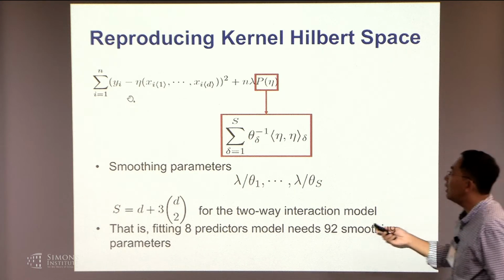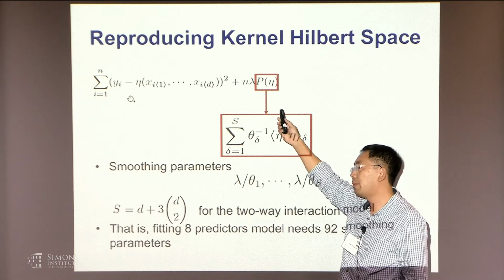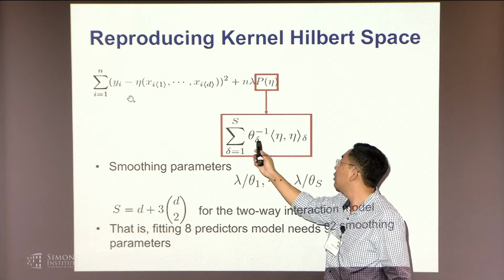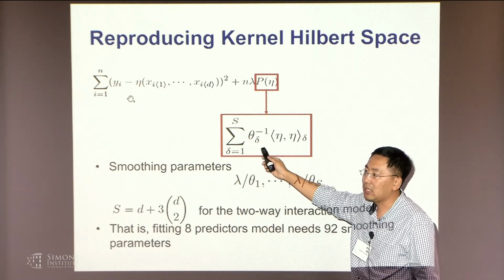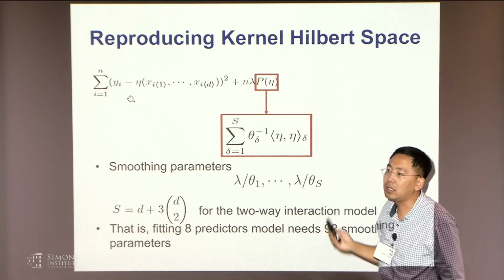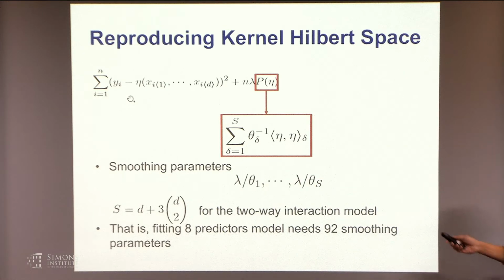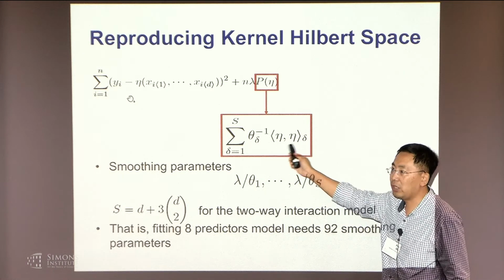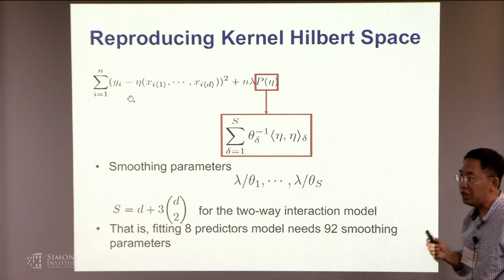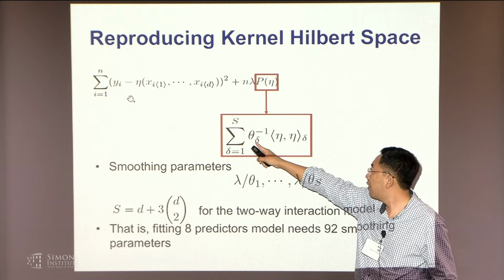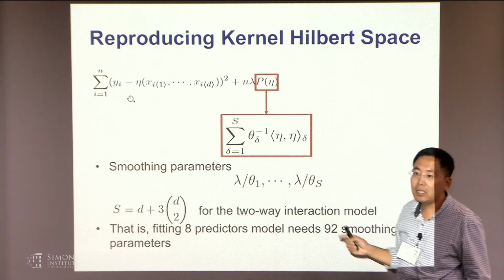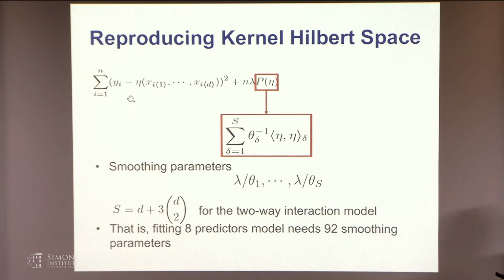Eventually in this tensor product reproducing kernel Hilbert space, this penalty will equal this weighted summation of certain inner products. This is essentially a semi-norm in each of these small reproducing kernel Hilbert spaces. The troublesome part here is these theta delta. These are the weights. We also call them tuning parameters.